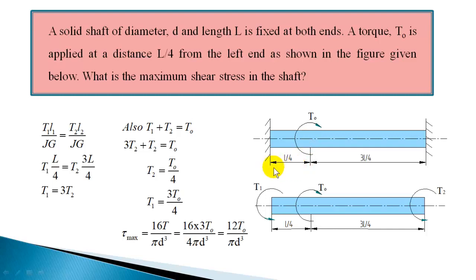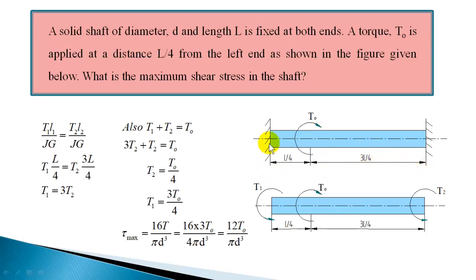Suppose it's a 1 unit length and this is 3 unit length. You can find out the torque here as 3 units, total 4 units. So 3 by 4, okay, T0 into this distance 3 units divided by total distance 4 units.